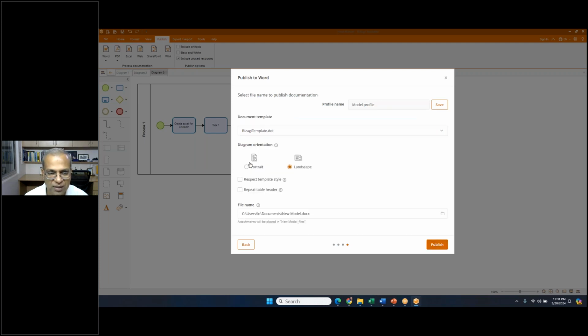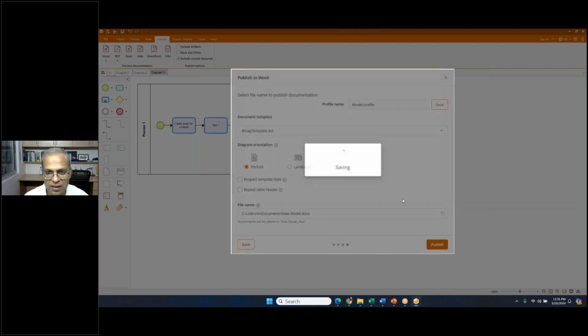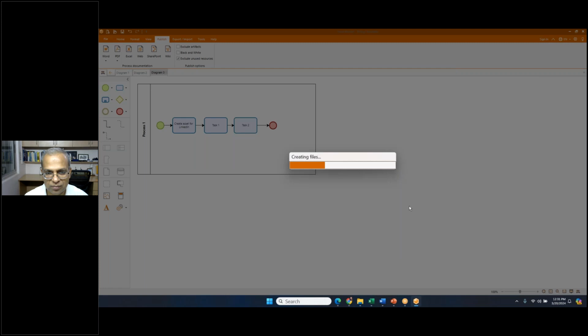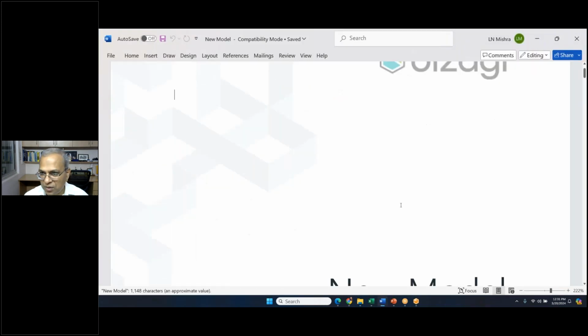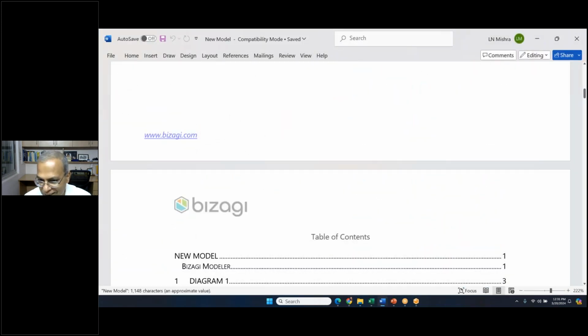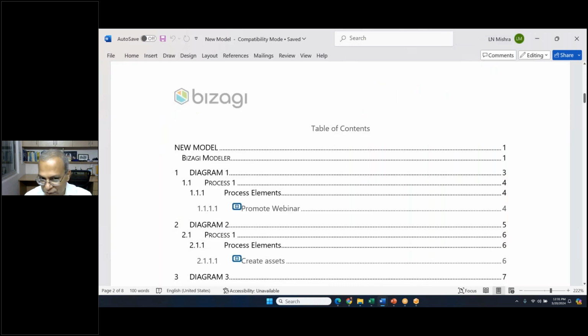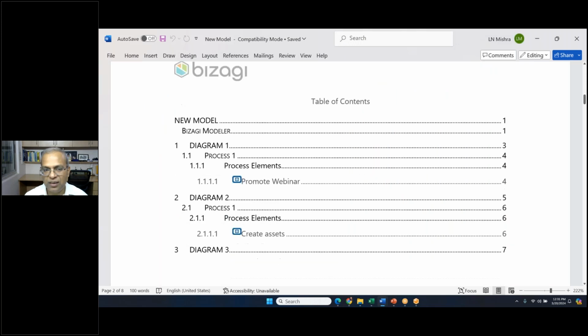Let me see if it works. So I'm going to put it in portrait mode and save. So this will save you tons of time in creating good process models. And you look at the way the model has created a document for you. Okay.